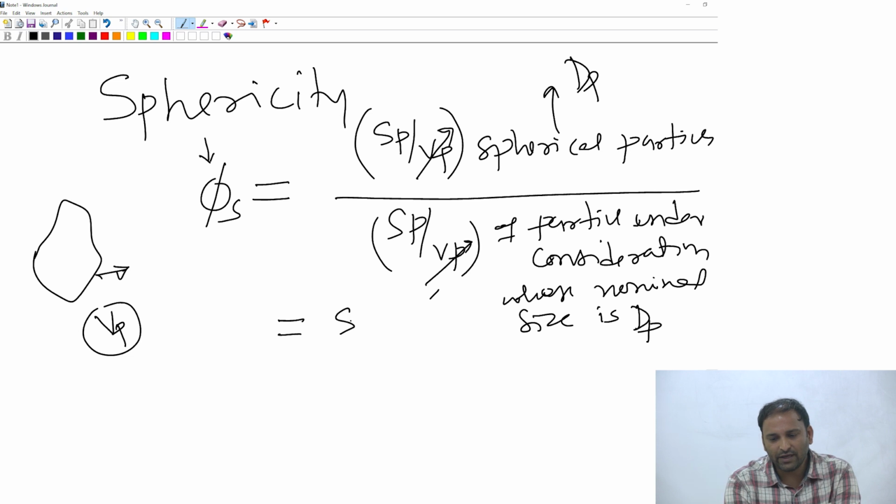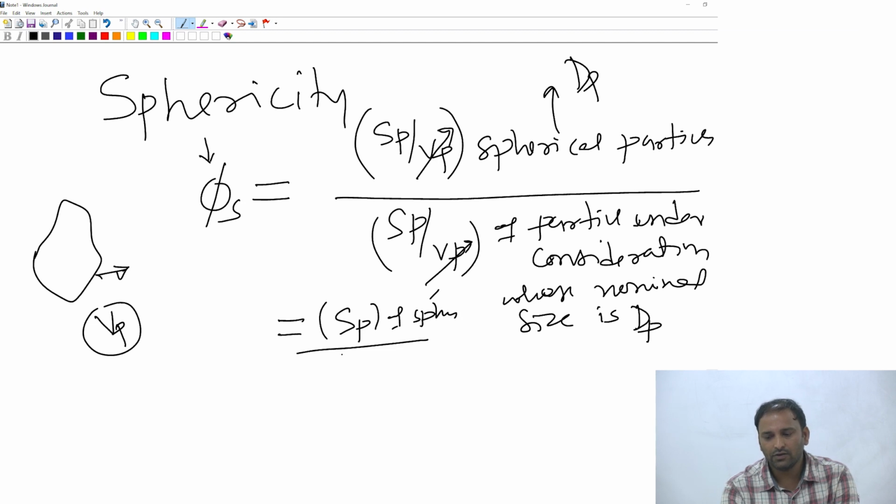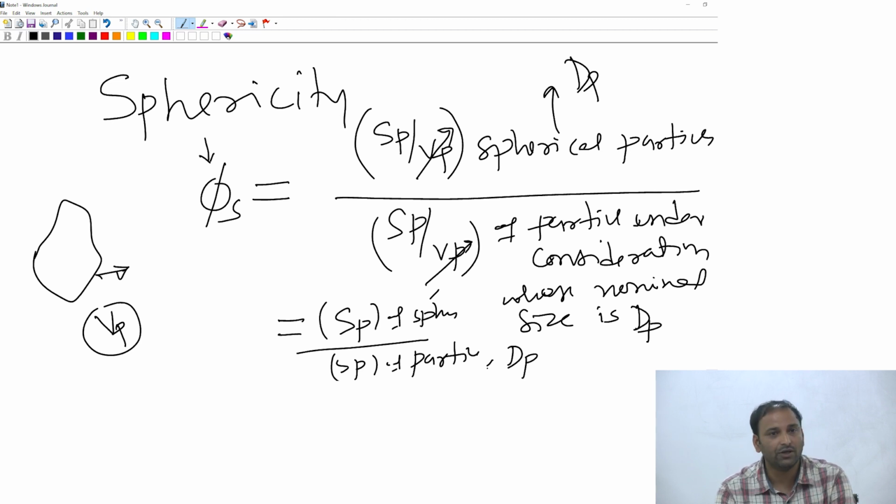Therefore, your phi s definition can also be the surface area of a sphere divided by the surface area of the particle under consideration, of course whose nominal size is dp.